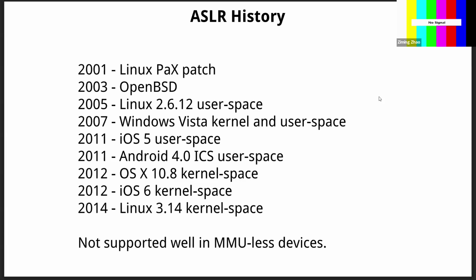So with ASLR, those addresses will change. Then the kernel space ASLR happens when your system boots. So if you never reboot your system, it's not going to randomize things. User space is randomized whenever a program is created. So if your program runs forever, it still cannot get randomized. That's the current implementation. Of course, there have been some academic prototypes to make it much more frequent, but they're not necessarily deployed in the real world.